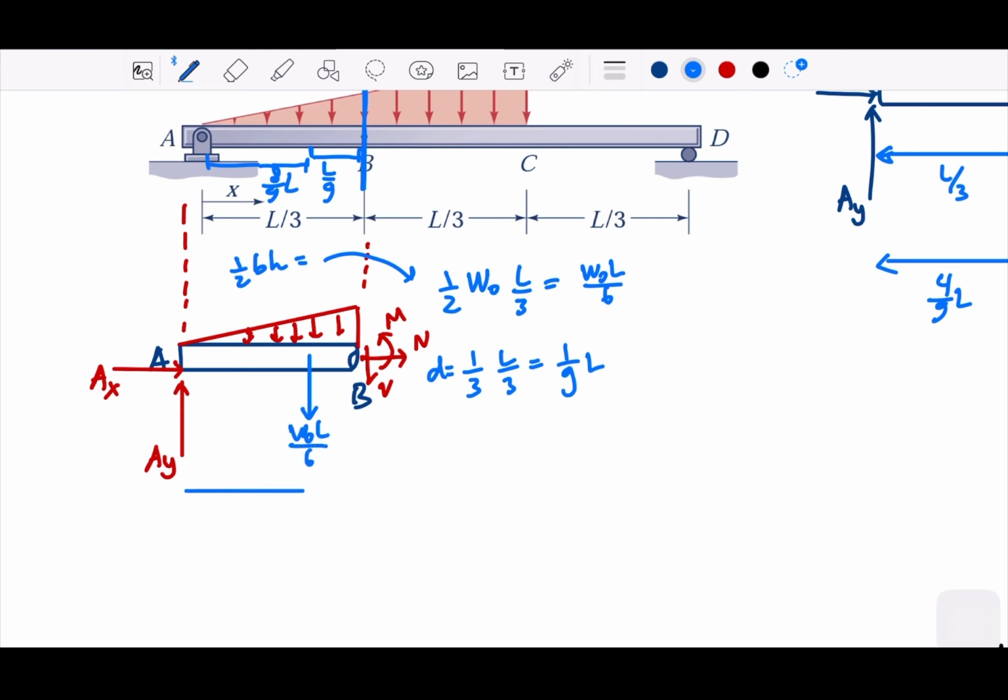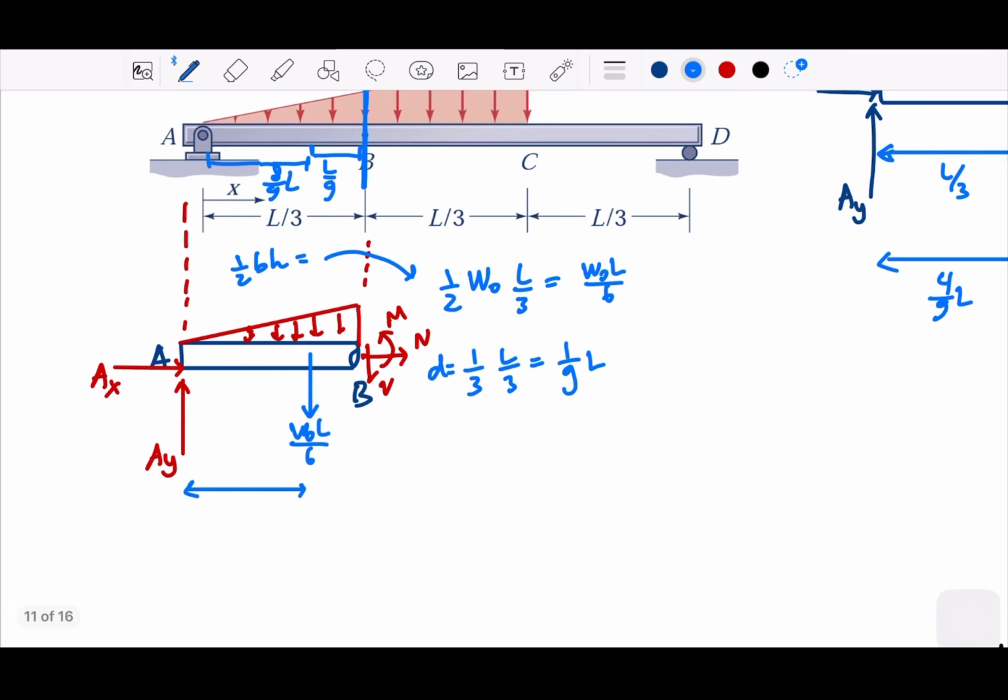This will be 8 over 9, and this will be L over 9.